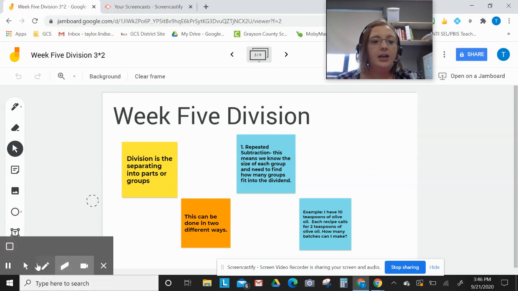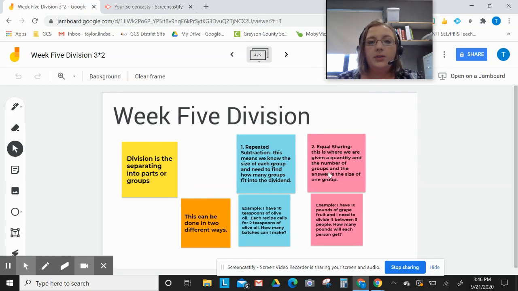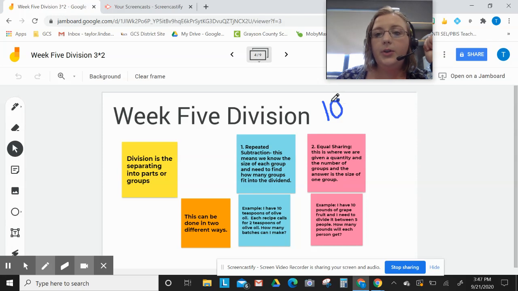Now let's go look at our equal sharing. So when we're looking for equal sharing, we know it's equal sharing because we are trying to figure out how many is in one group. What size is it? How big or small is it? So we are doing, in this example, we would have 10 grapefruit as our total number of grapefruit, and we are dividing it into 5 groups, and we are looking for what?